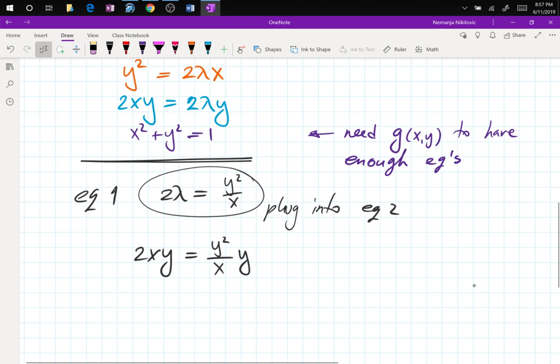This is begging to cancel. It's begging. When I move x to the other side, I get 2x squared y is equal to y cubed.